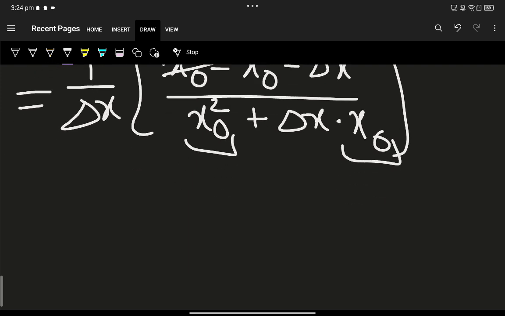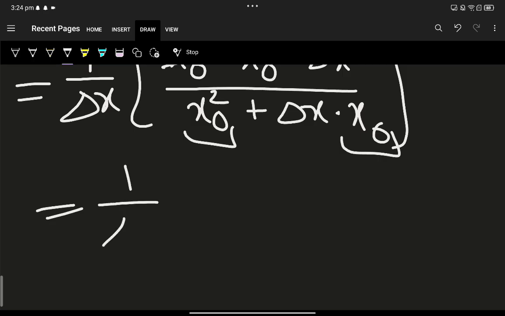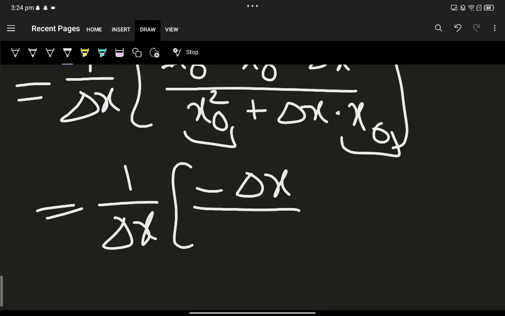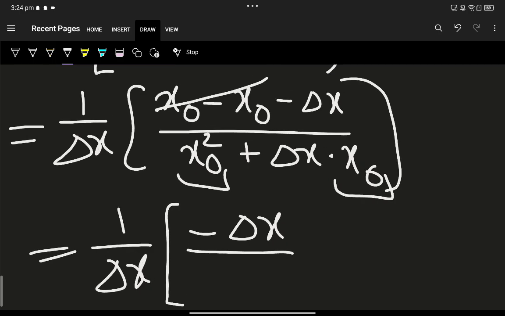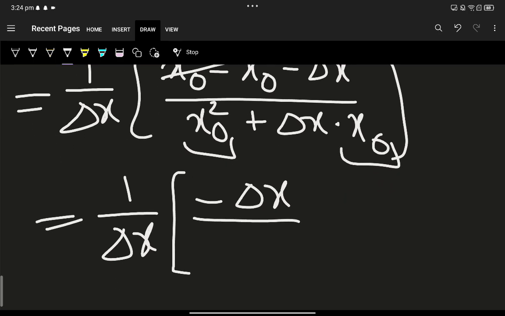So it will be 1 by delta x minus delta x, minus delta x naught will be common, and x naught.